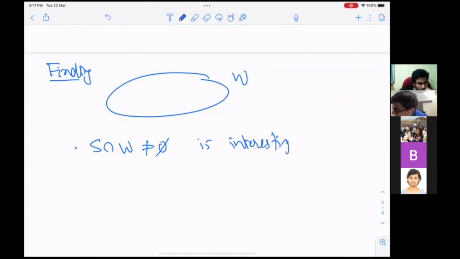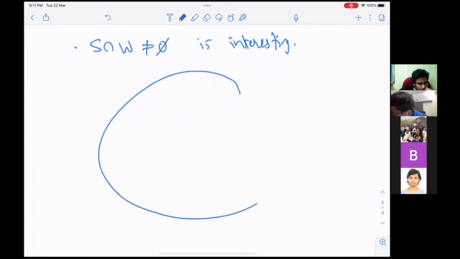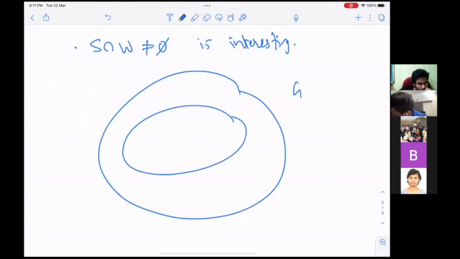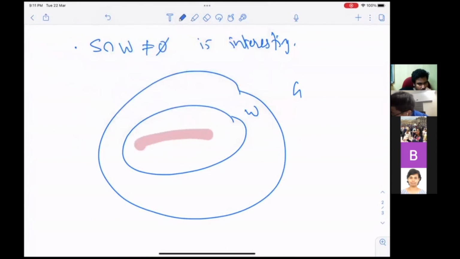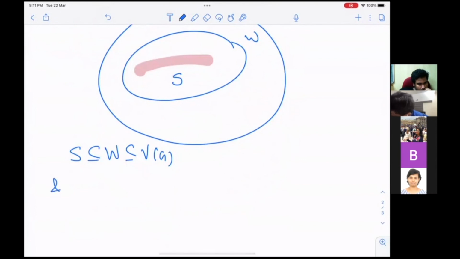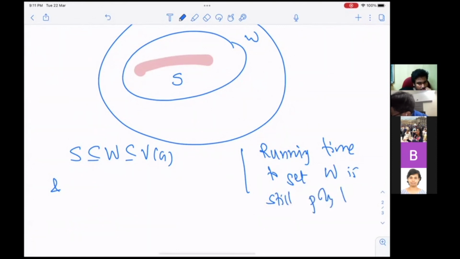And then we asked: is it possible that in a graph G, I can come up with a W and an S, like S inside W inside V(G), where the running time to get W is still polynomial? And the property we wanted was that the cardinality of W be as small as possible.